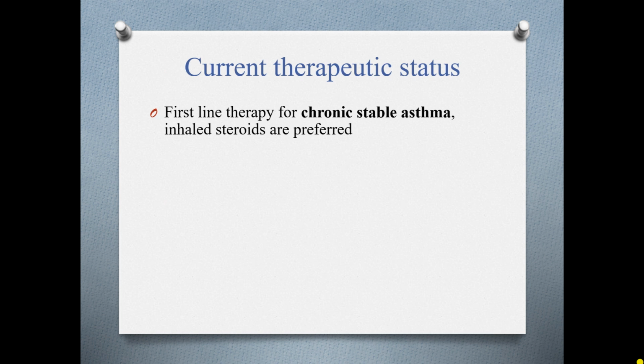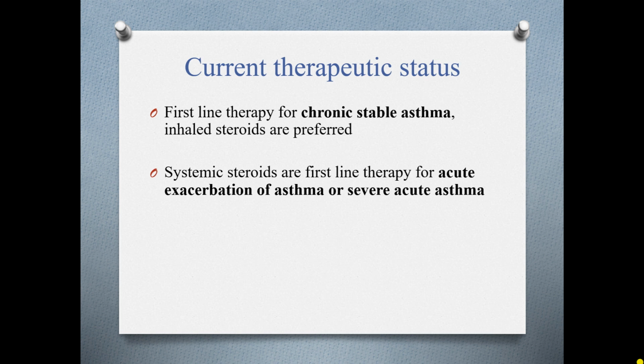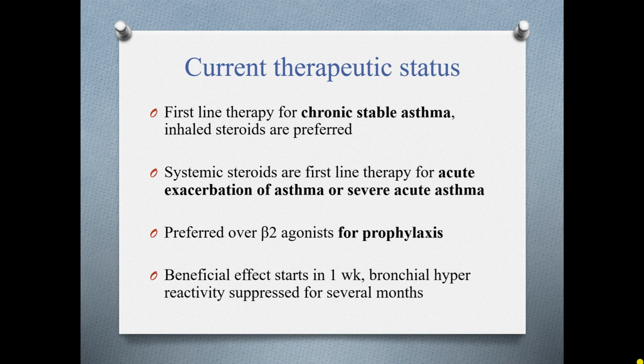They are first line of therapy for chronic stable asthma, and inhaled glucocorticoids are preferred. Systemic steroids are the first line therapy for acute exacerbation of asthma or acute severe asthma. They are preferred over beta 2 agonists for prophylaxis. Beneficial effect will start within 1 week and bronchial hyperreactivity will be suppressed for several months with continuous use.